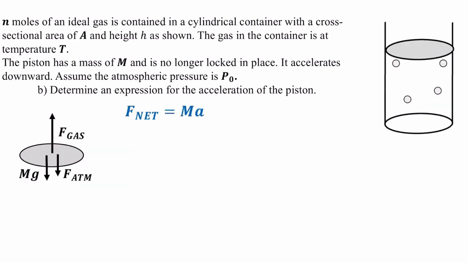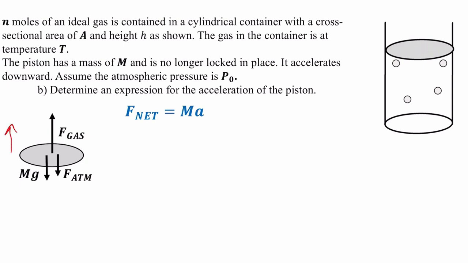Okay, now applying Newton's second law, the net force equals ma. Newton's second law says to set the sum of the forces in the direction of motion to ma. So the direction of motion in this case is given as upwards.